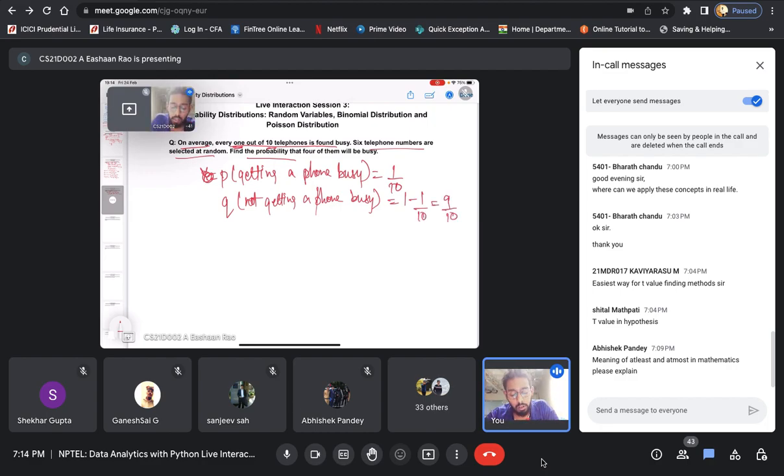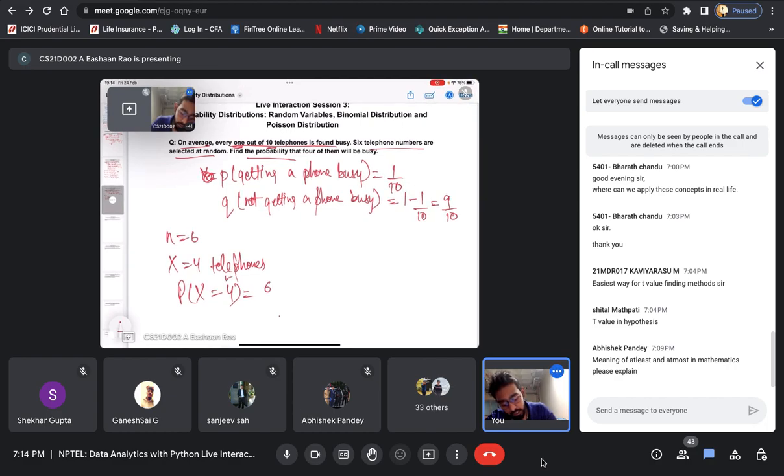Now the question is, 6 telephone numbers are selected at random, that is n equal to 6, and they are saying find the probability that 4 of them will be busy. So for x equal to 4, that is, 4 telephone numbers are busy, I have to find the probability for that. So I have to put all these values together. Here r is 4 in this case.